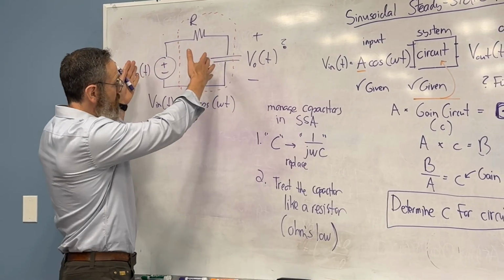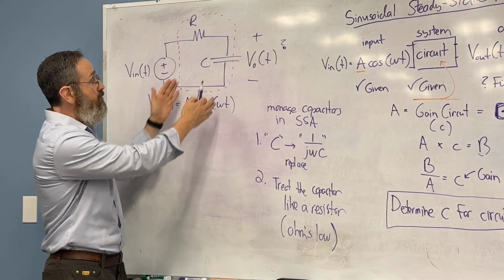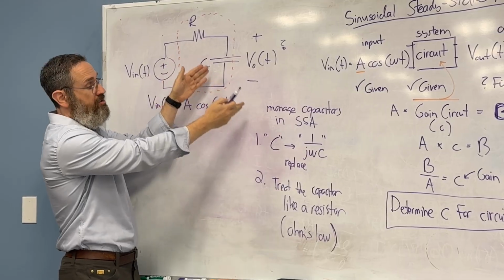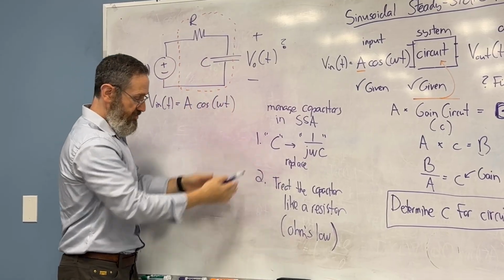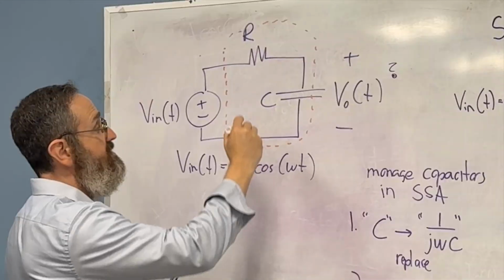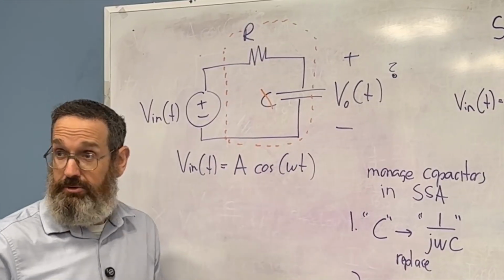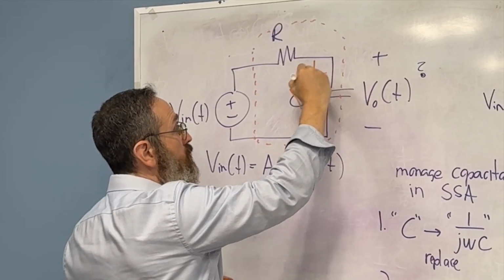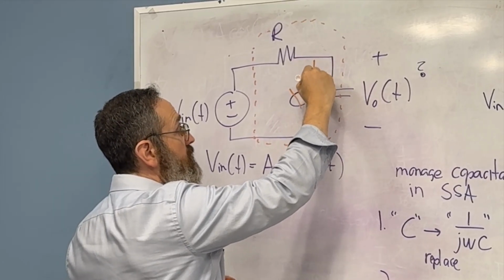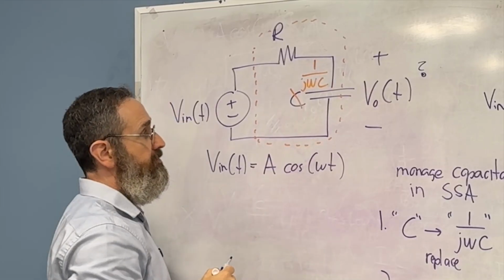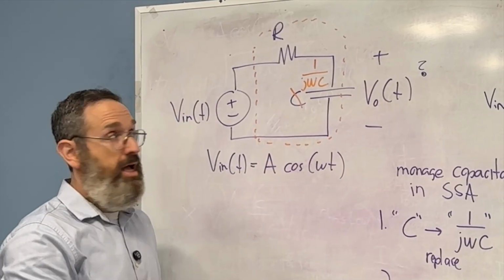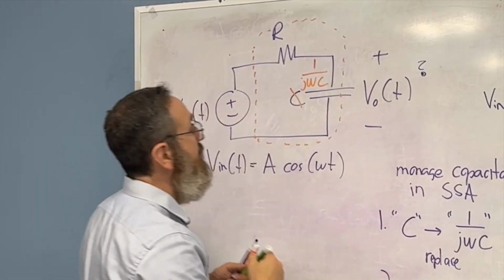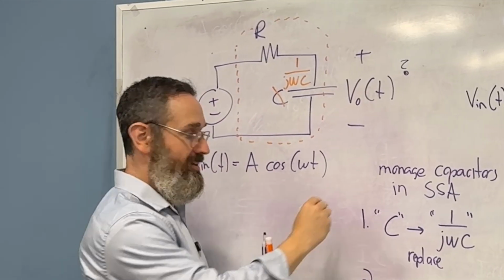So we're going to go to this circuit. We can't write a voltage divider yet. So what we're going to do is apply this convention. Wherever we see a C, you can cross it out and write 1 over JWC. That's it for step number 1.